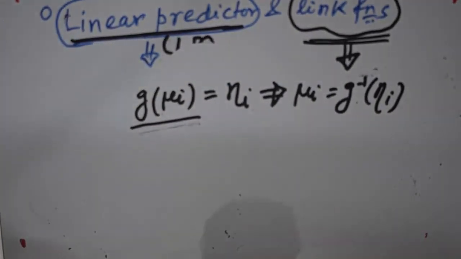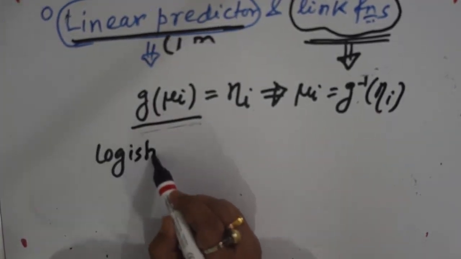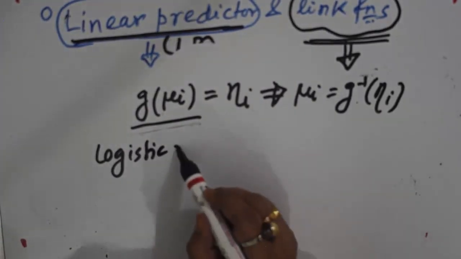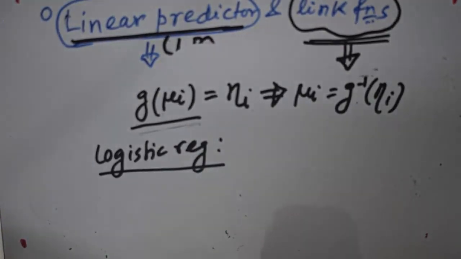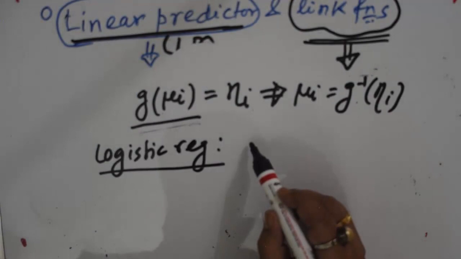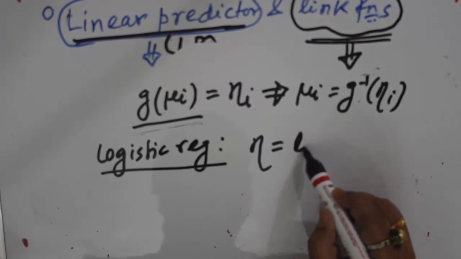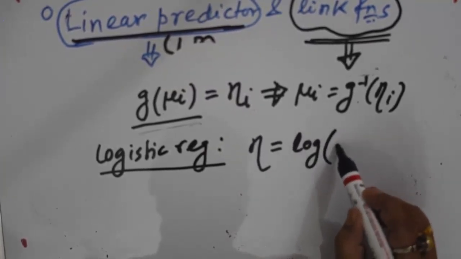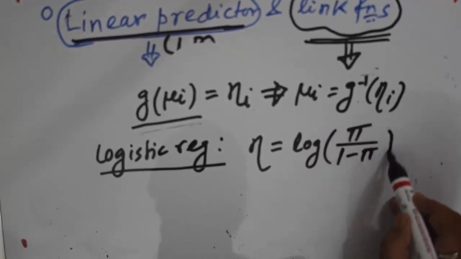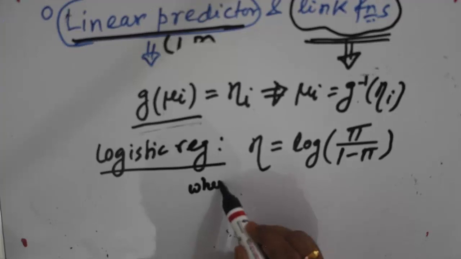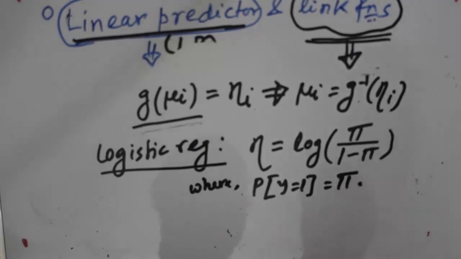In case of logistic regression, the link function is defined as log of pi by 1 minus pi, where probability y equal to 1 equal to pi.